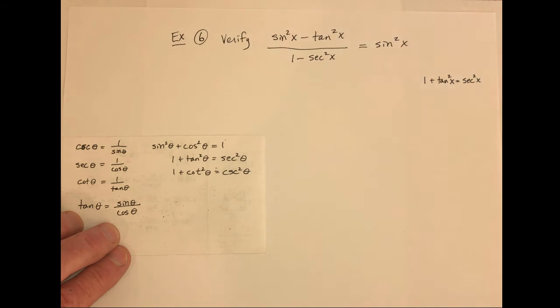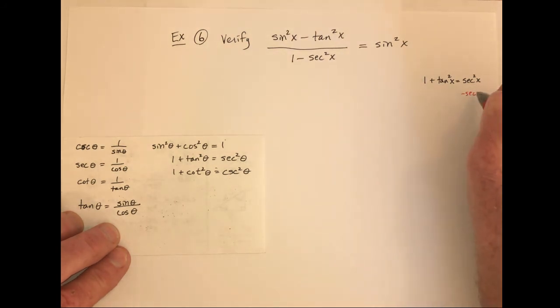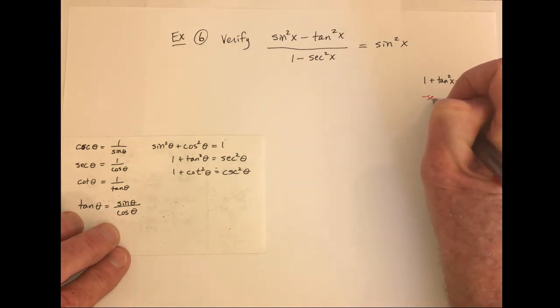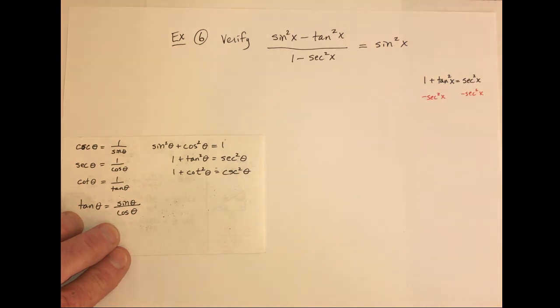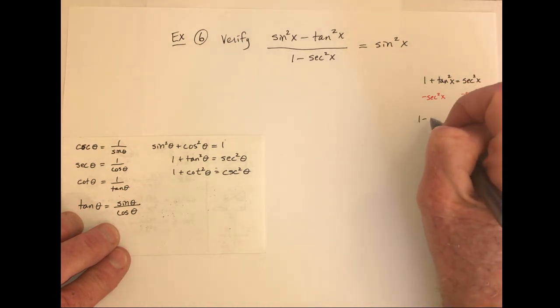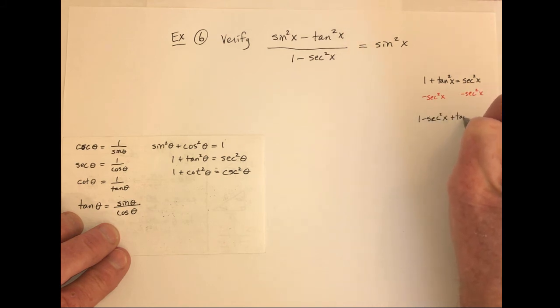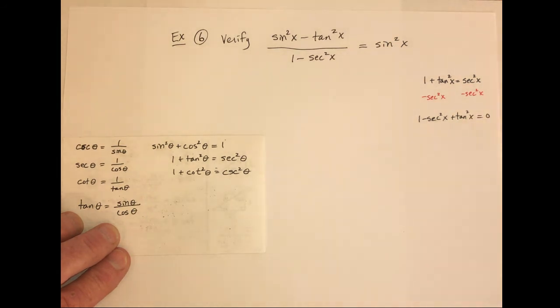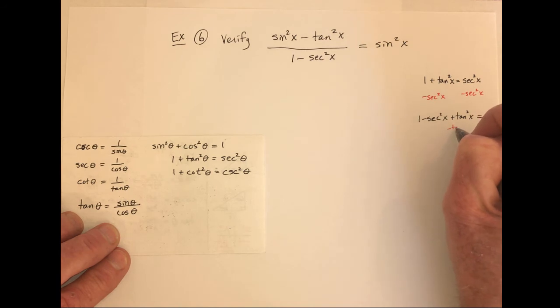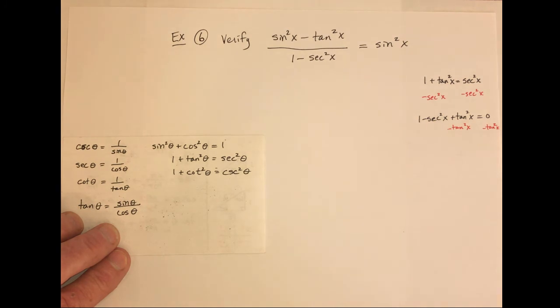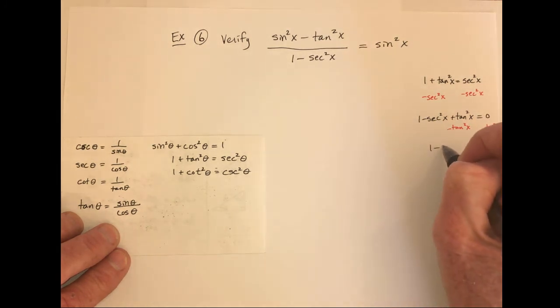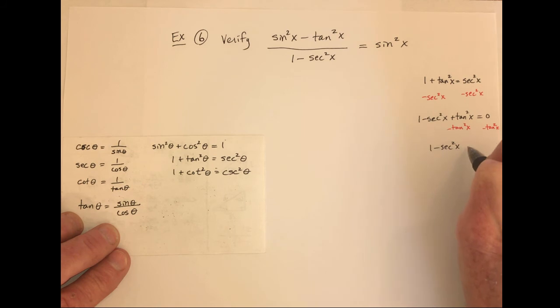And then that means you could subtract secant squared from both sides. And then it would say 1 minus secant squared plus a tangent squared. That's all the left side. And right now the right side has 0. And then subtract tangent squared from both sides. And so 1 minus secant squared is equal to negative tangent squared.